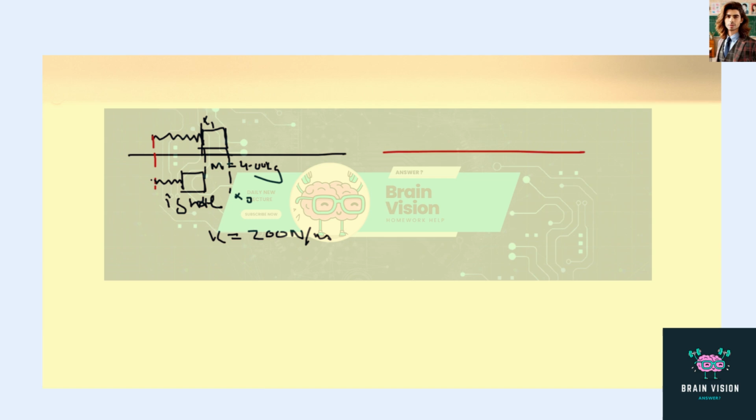The spring is being compressed a specific distance, which happens to be 0.025 meters. That's the distance the spring is compressed from the original position up until the final position. That's the displacement.